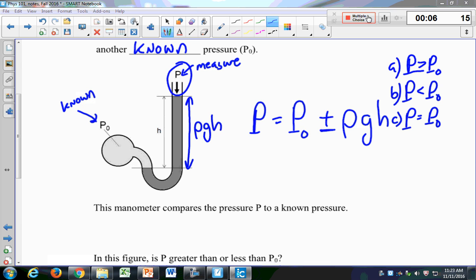So here, is P bigger than P naught? Is it less than P naught? Or is it equal to P naught?